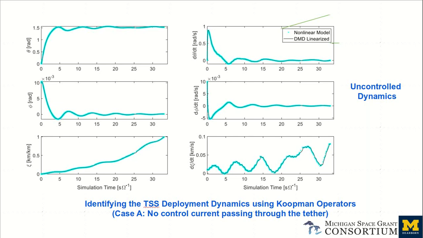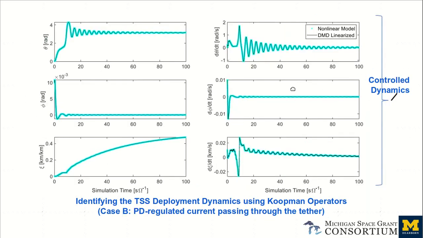In the second set of simulations, we basically started controlling the current which was flowing through the tether. Specifically, we used a very simple proportional derivative controller to control the current passing through the EDT. And we increased the length of the tether from 0% to around 45%. As you can see, the oscillations in the geometric angles theta and phi also died off as the deployment process was becoming more and more successful.